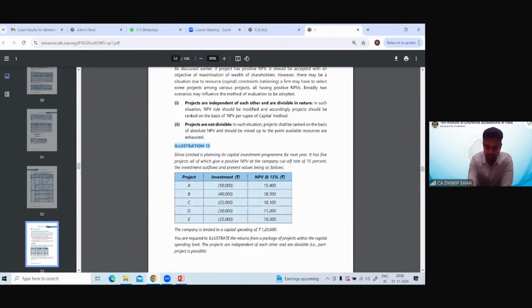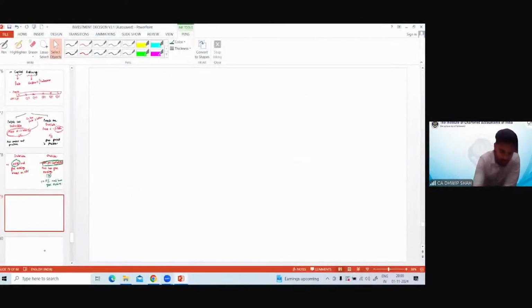So the question says the projects are divisible, means we have to calculate NPV per rupee of capital invested and then give the rankings. Are you getting this? So let's calculate NPV per rupee of capital invested for each of the projects. NPV per rupee invested.